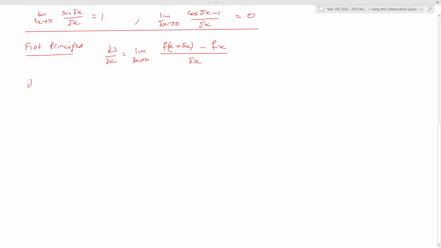So d over dx of sine of x, using our first principles formula, is equal to the limit as delta x tends to 0 of sine of x plus delta x minus sine of x over delta x.